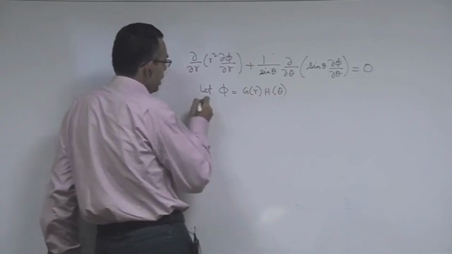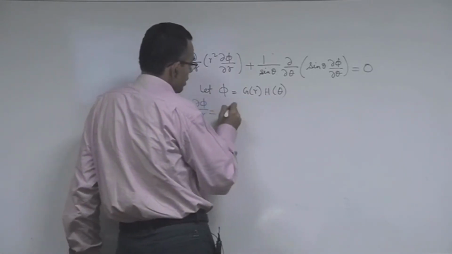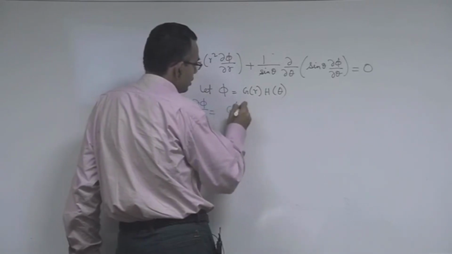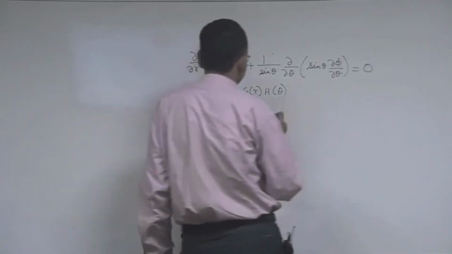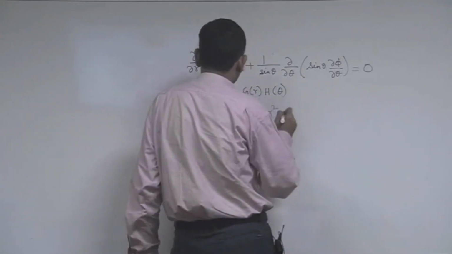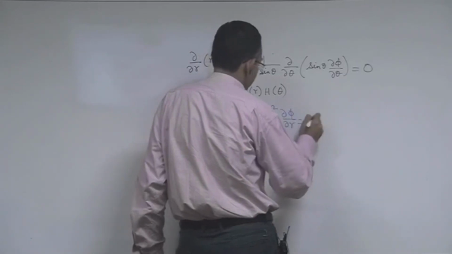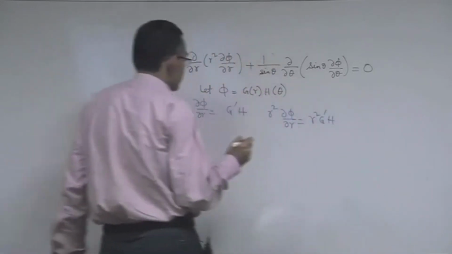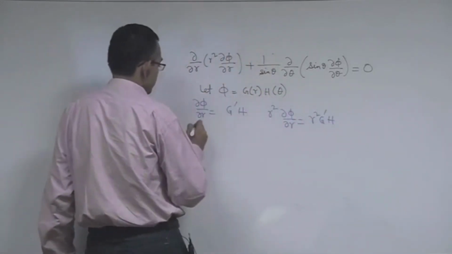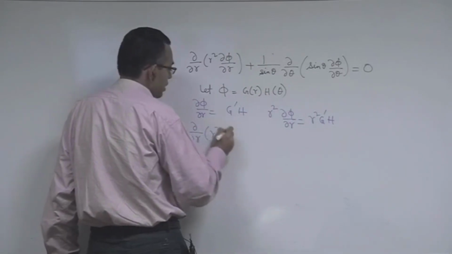So, del phi del r is g dash into h. r square del phi del r, then del del r of r square del phi del r.